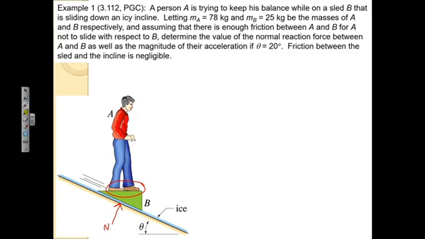But for completeness, you could put a little A in there, even though you know they're going to be buddied together. For block B, same thing: mass of B, acceleration of B in the X, mass of B, acceleration of B in the Y.